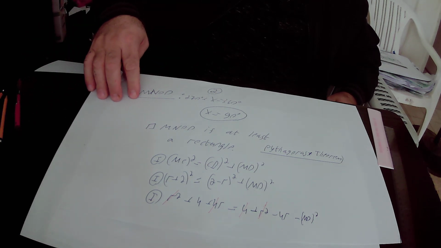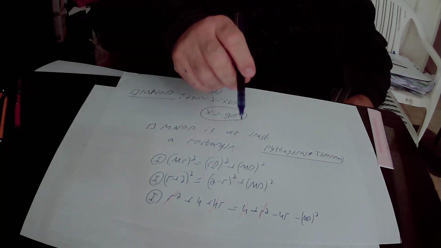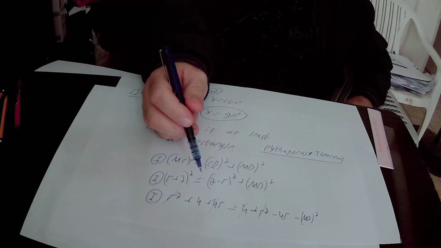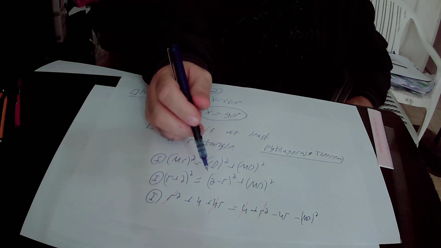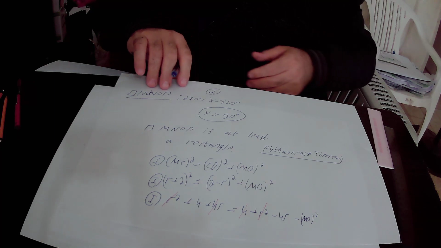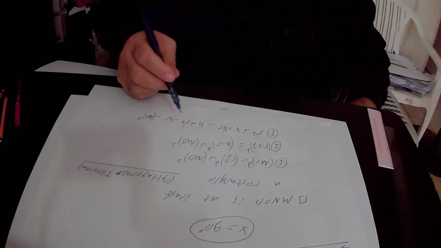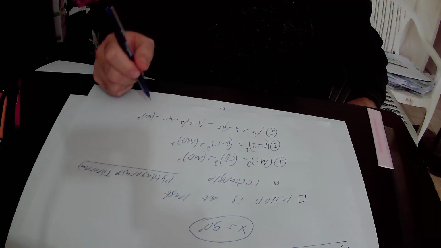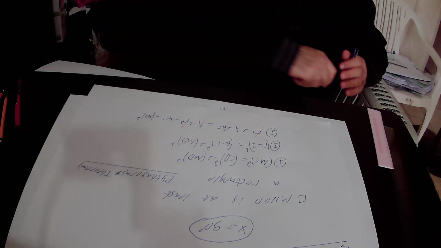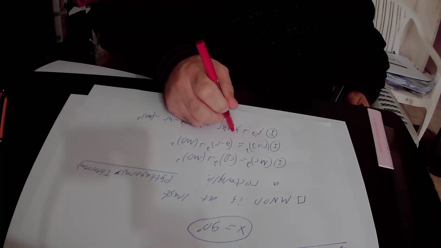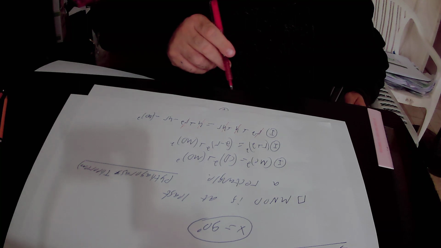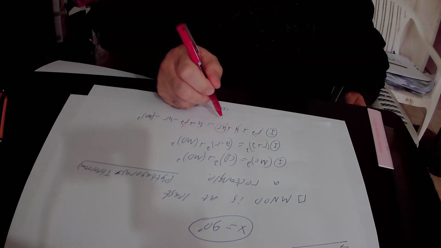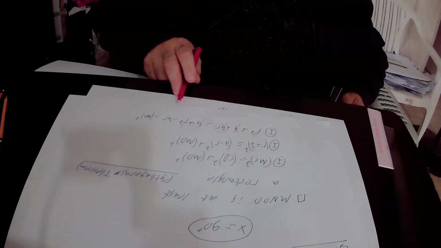So in total we have 4R equals minus 4R plus MD square.